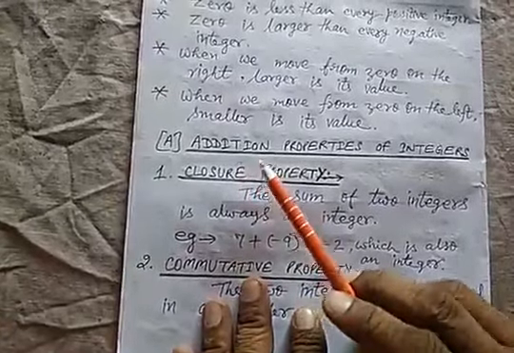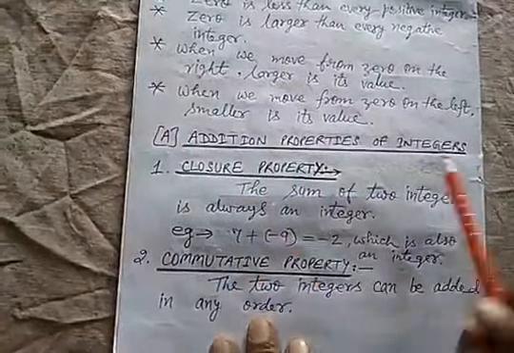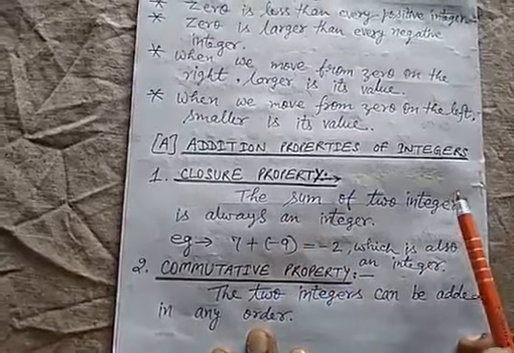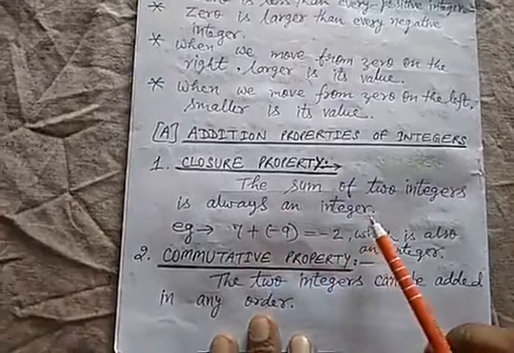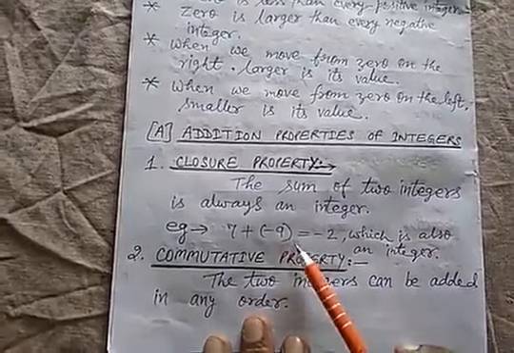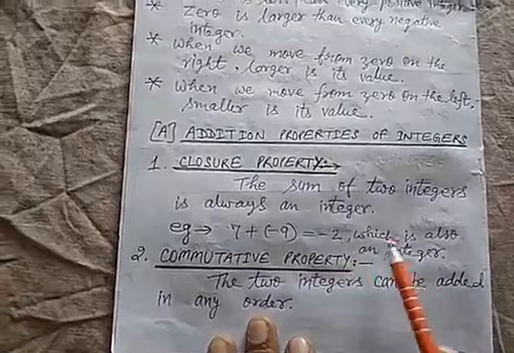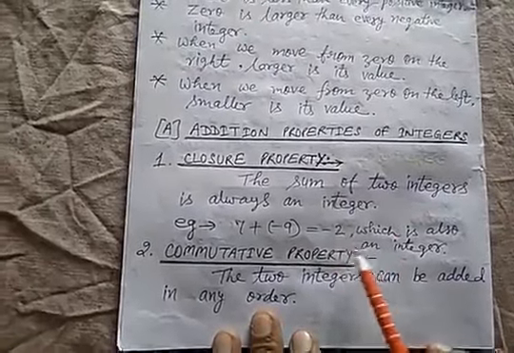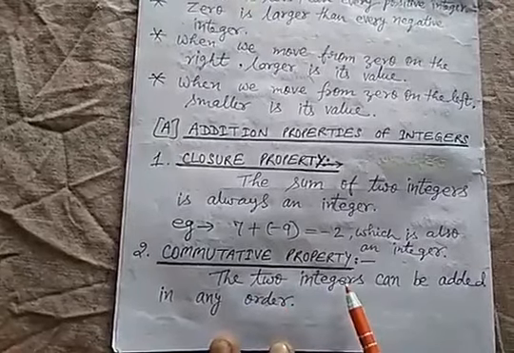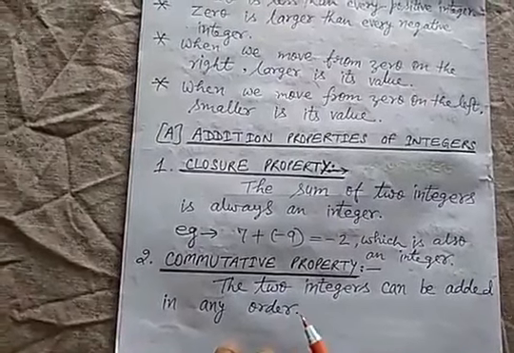Now, addition properties of integers. First, closure property. The sum of two integers is always an integer. For example, 7 plus -9 is equal to -2, which is an integer. Second property, commutative property. Two integers can be added in any order.